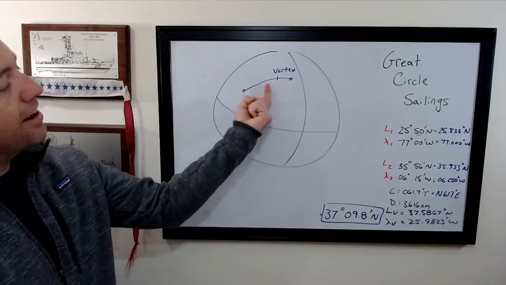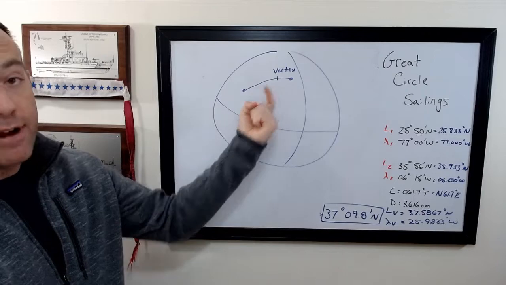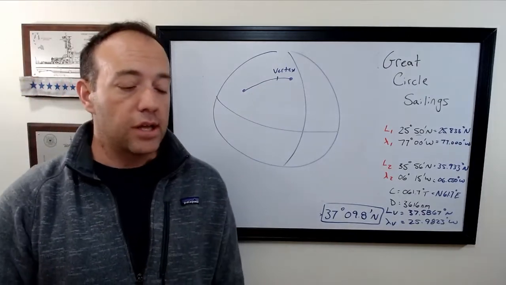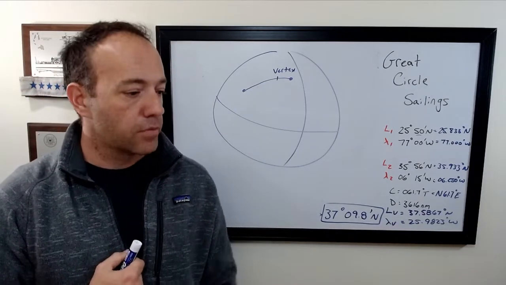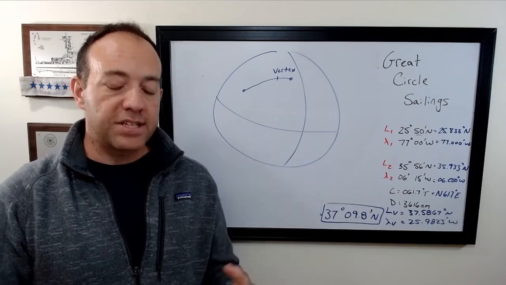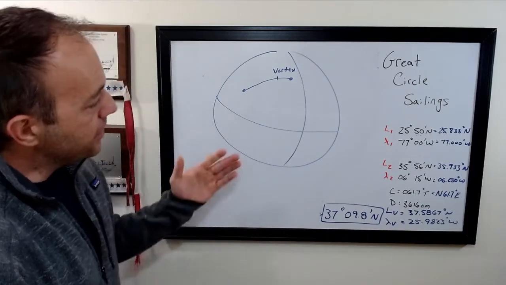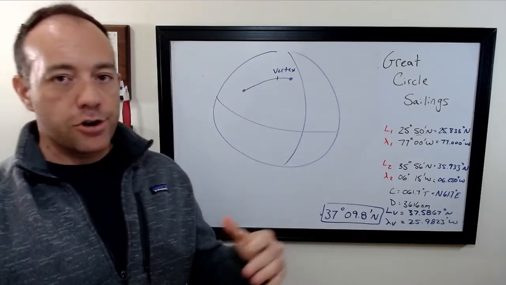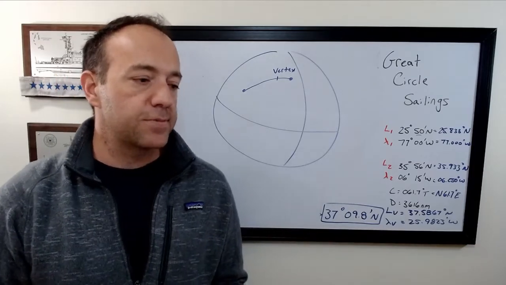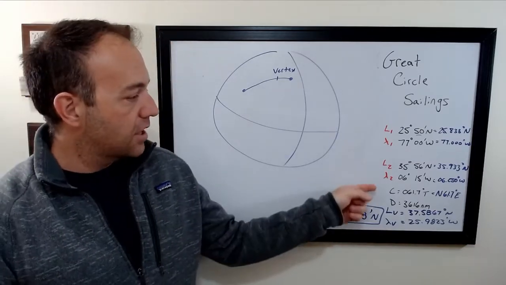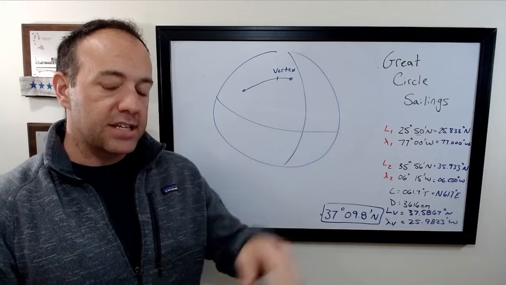But we also figured out how to calculate any point along the route, which is a pretty powerful tool if you're doing any kind of voyage planning. How I mentioned, you have to continually turn your course to the right if you want to end up at this position. You're not just going to keep the course of 061.7. You're going to continually change it.